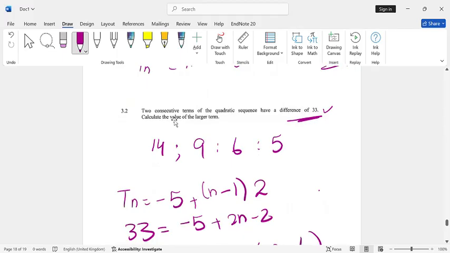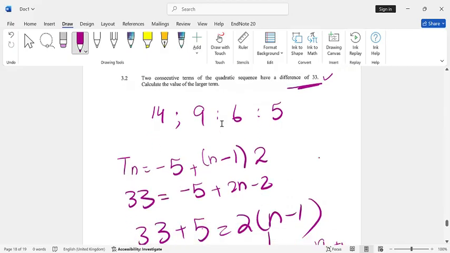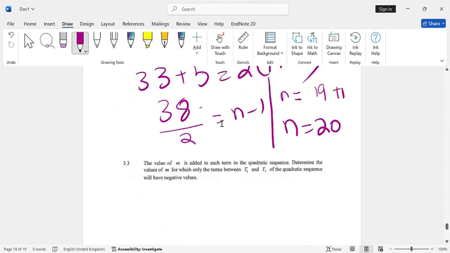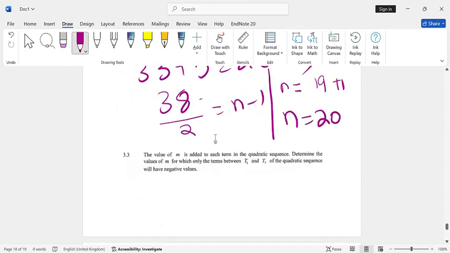So calculate the two consecutive terms of the quadratic sequence have a difference 33. Calculate the value of the larger term. So now we have to find out the value of n.